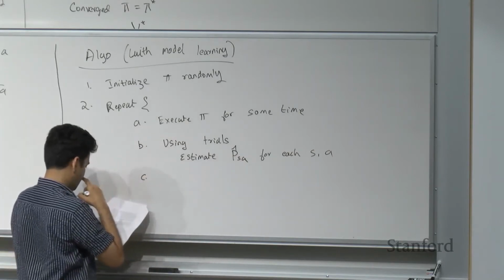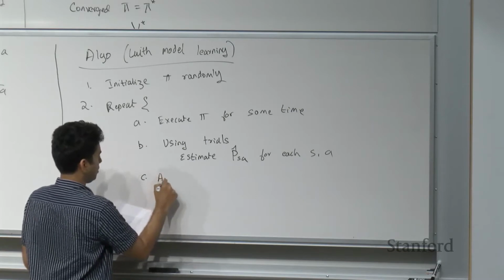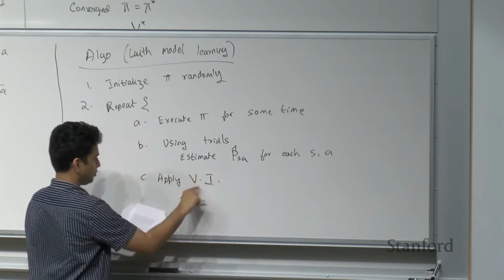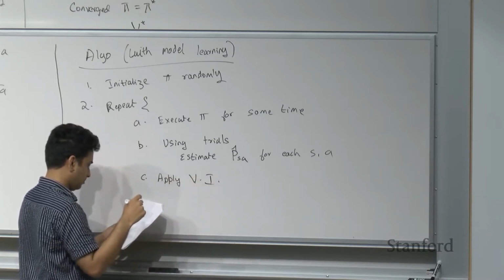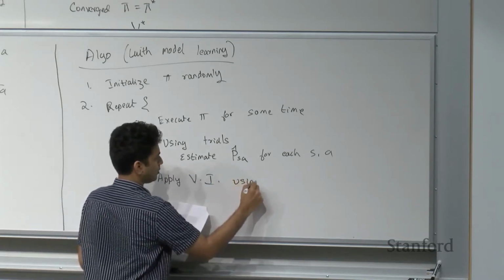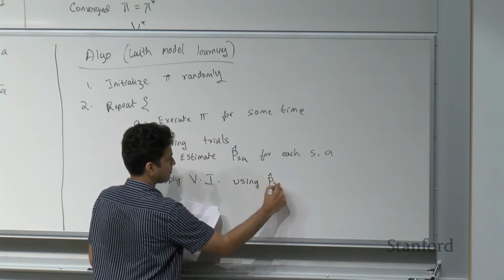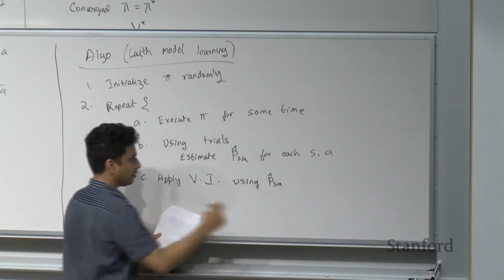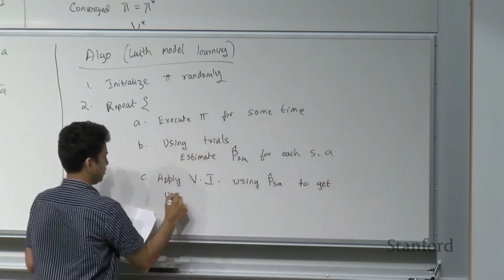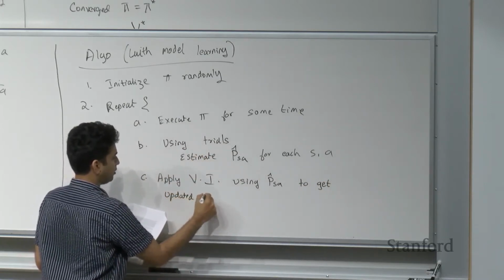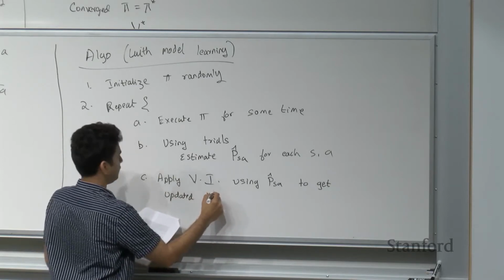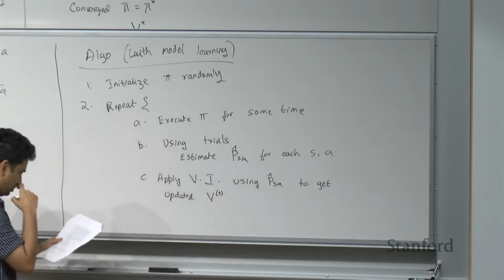And C, apply value iteration, I'm just going to write it as VI, value iteration using p hat SA to get updated V, let's call it VT, right?